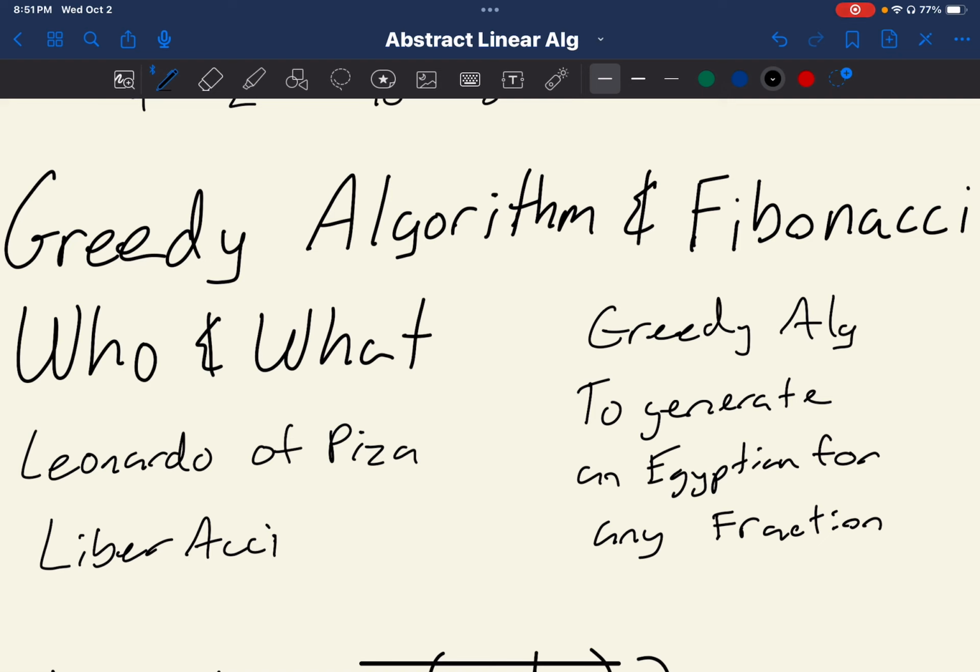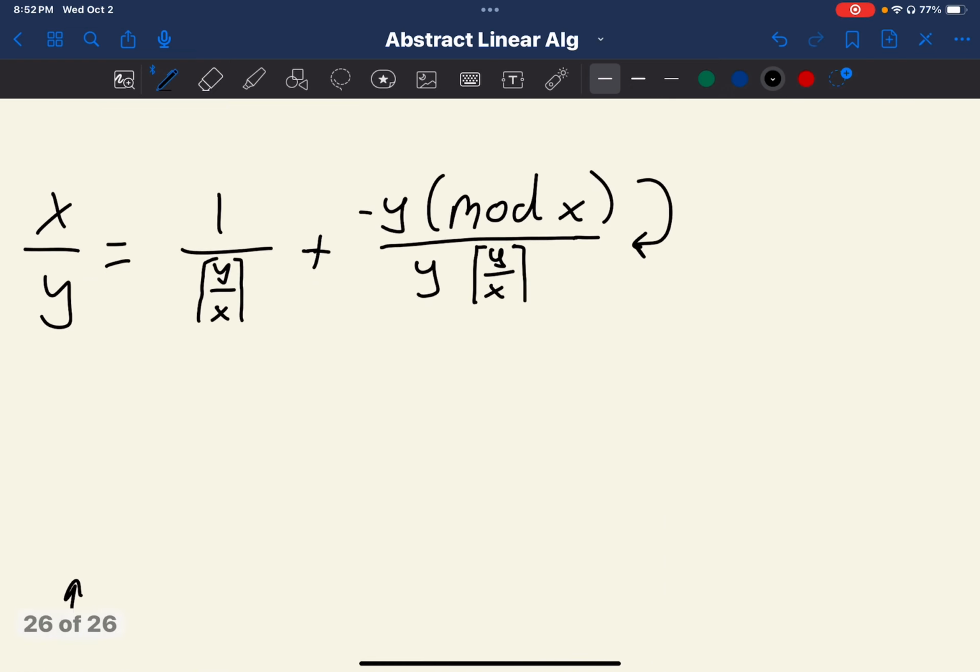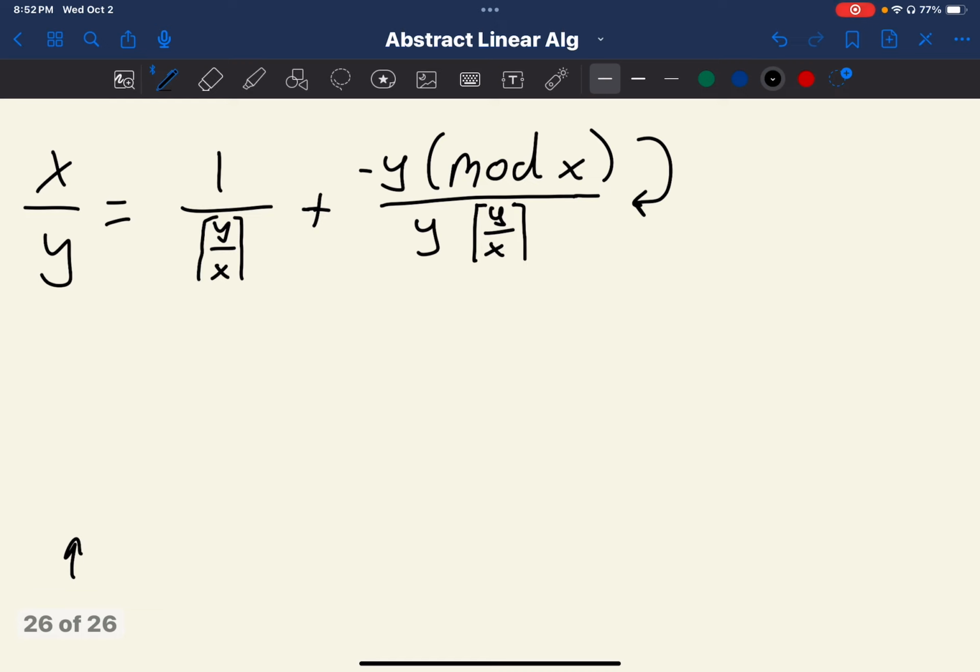I wanted to show that on the last slide with the 5/18. There's two different plausible ways to write that using just basic arithmetic, but there are technically infinitely many. And the greedy algorithm, which I have written right down here, is going to generate the largest and the most concise one, with the least number of terms.